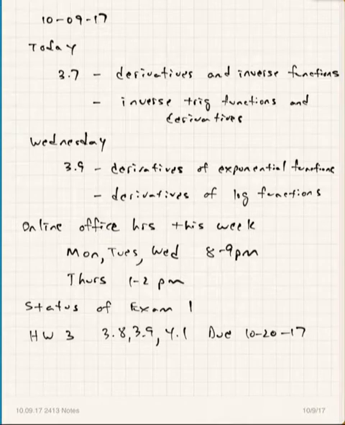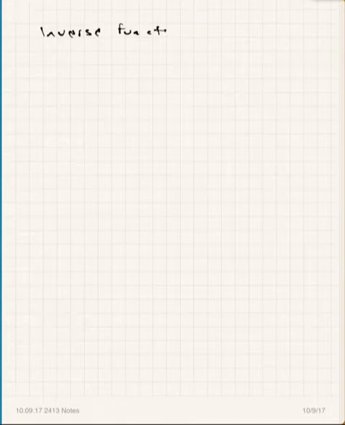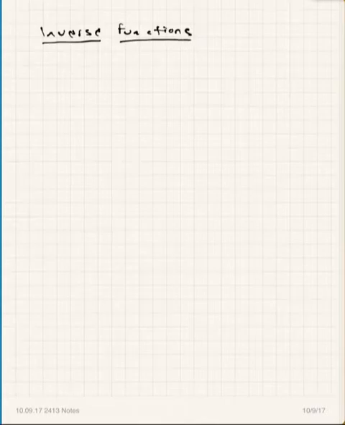All right, so today we're going to be talking about inverse functions. And so the first thing I'm going to do is talk a little bit just about inverse functions and the algebra with inverse functions. I certainly expect that you have all seen and talked about inverse functions several times in your mathematical careers, whether it be in an algebra class in high school or pre-calculus, someplace like that.